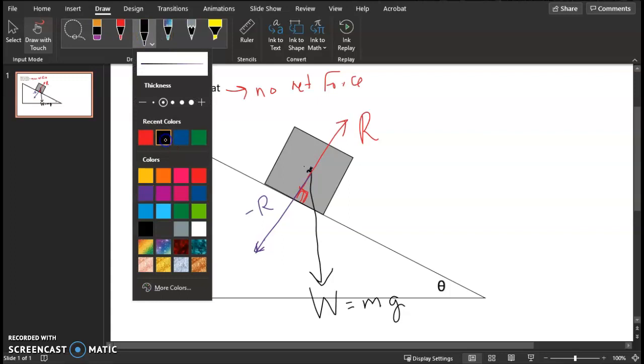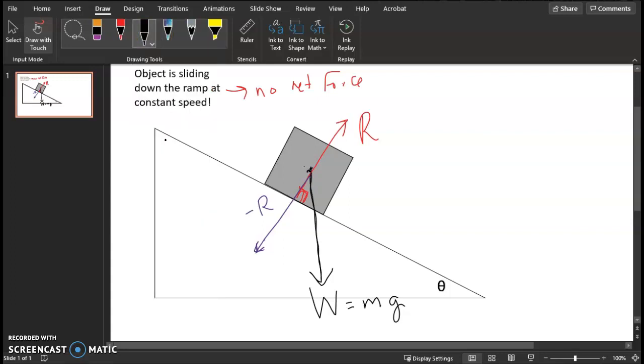So in this case, my weight is like this hypotenuse of a triangle. And the angle between the negative R, the opposite of the normal force, and the weight vector is equal to the angle of incline. So I'll get rid of this perpendicular symbol. And I'll note that this angle here between the two is equal to the angle of incline.